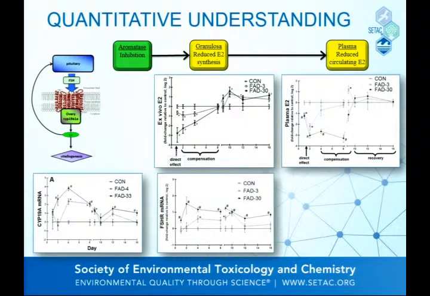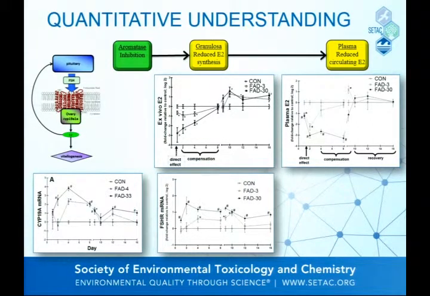This is just an example, again, from our own research related to the aromatase inhibition AOP. And what we see in the data here, these are 2 key events in this pathway. So estradiol synthesis in the granulosa cells of the ovary and the actual circulating concentrations of estradiol.